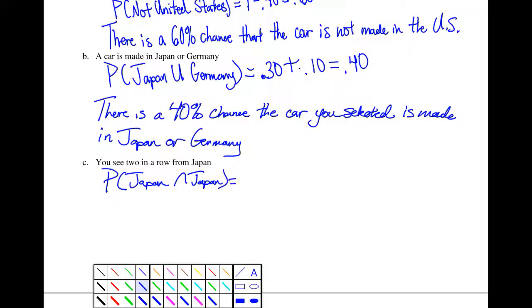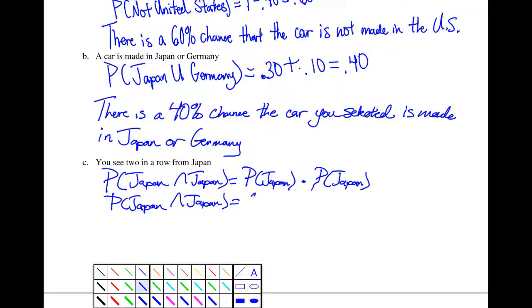is equal to the probability of one car being from Japan times the probability of another car being from Japan. So that's written as 0.30 times 0.30, because the probability of getting one car from Japan is 30%.